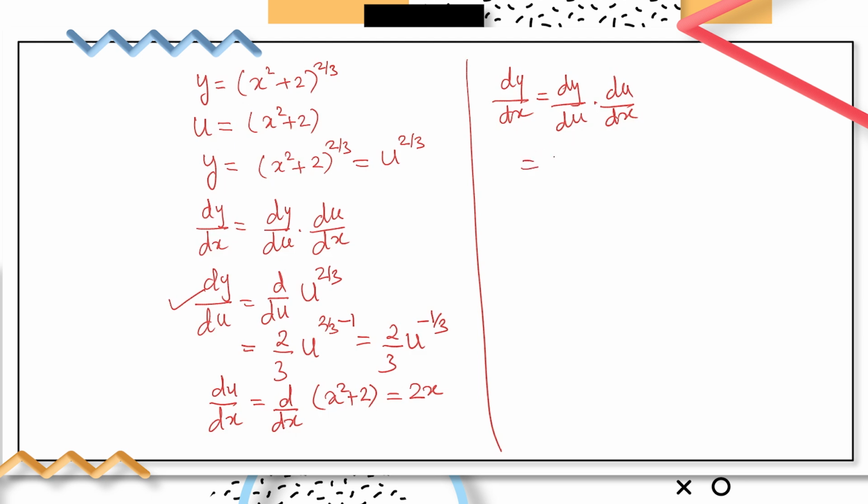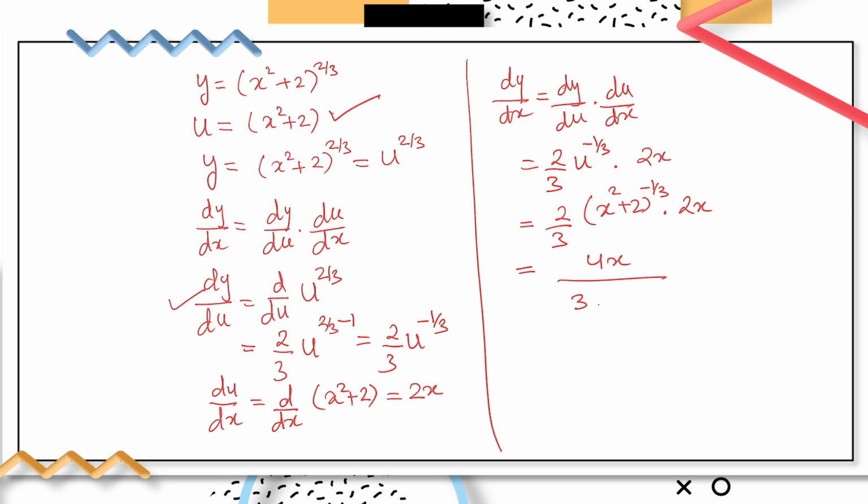So this will be equal to 2 by 3 into u to the power minus 1 by 3 into du by dx, which is 2 into x. Substituting the value of u in this expression, you will get 2 by 3. What was u? u was x square plus 2. So (x square plus 2) to the power minus 1 by 3 into 2x. So that means the answer, by solving, is 4x upon 3 into (x square plus 2) to the power 1 by 3.